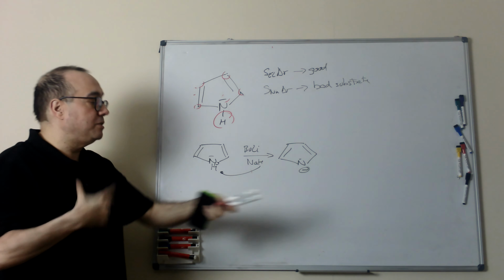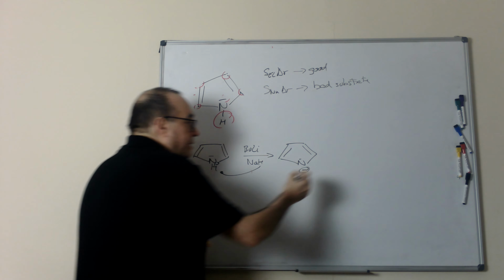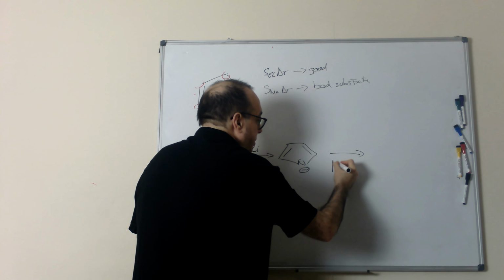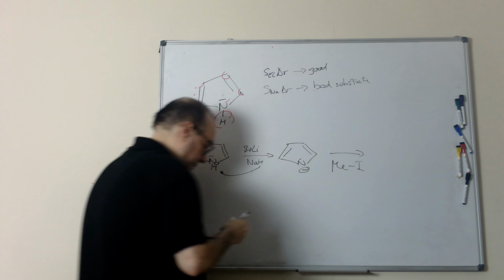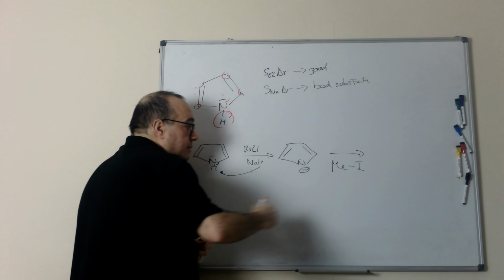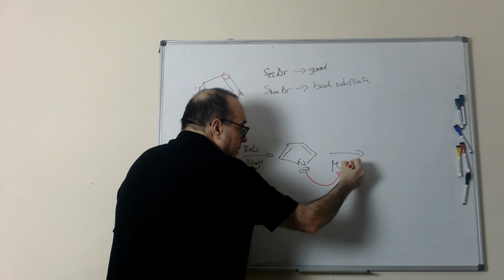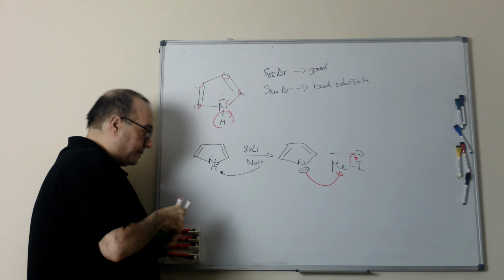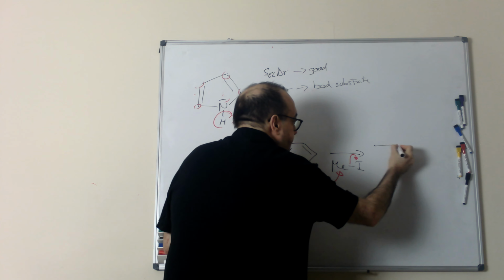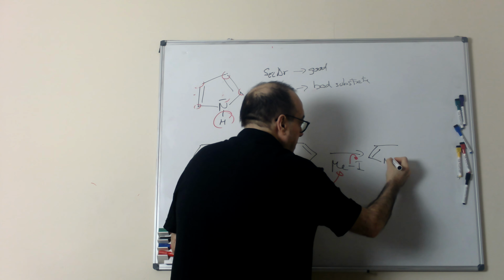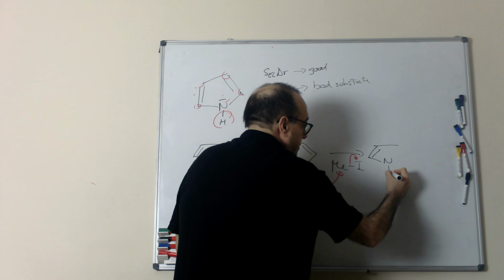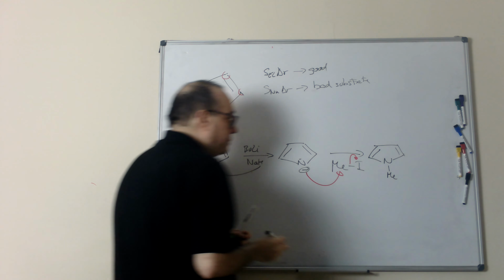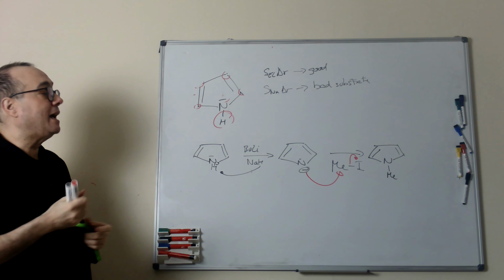And this anion can react with, for example, methyl iodide. Again, this attacks here, SN2, and what we get is the methylation of the nitrogen.